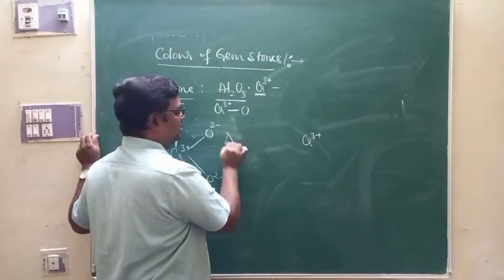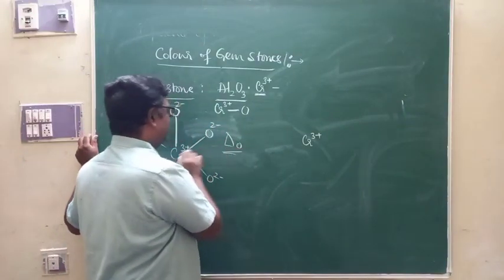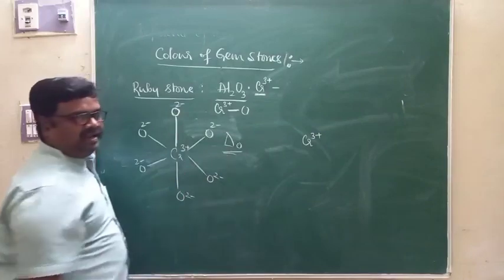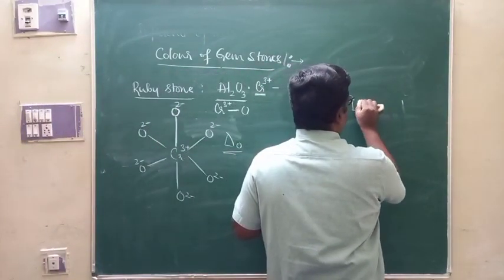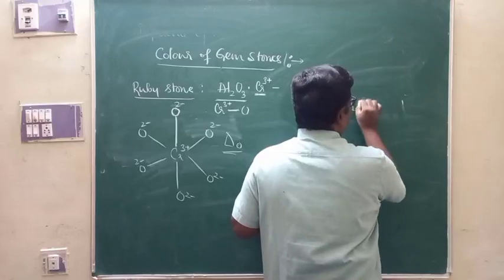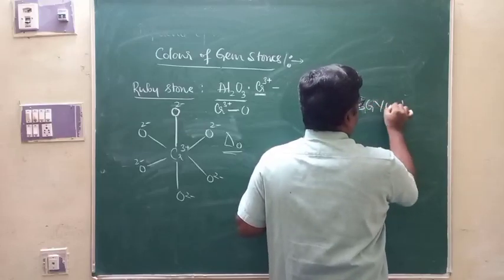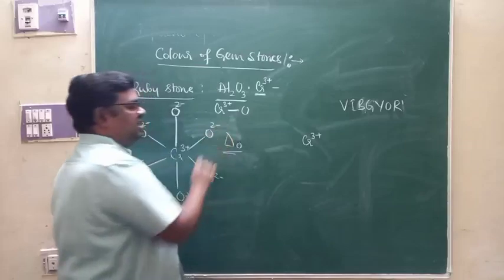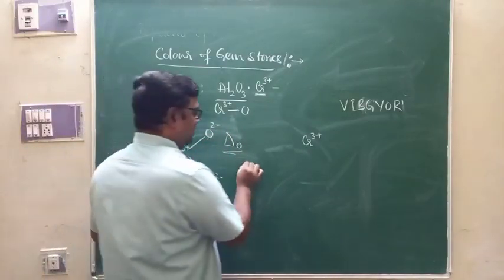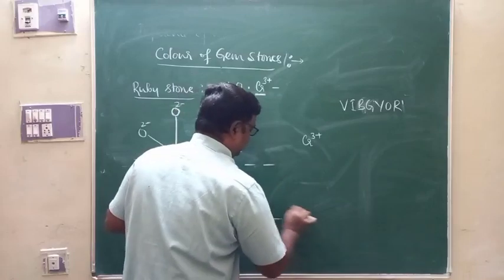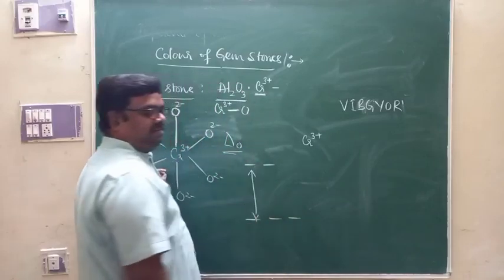That increases delta O. In the case of ruby stone, delta O is high. That high delta O is because of crystal field stabilization energy, that is, the gap between t2g and eg is very, very high.